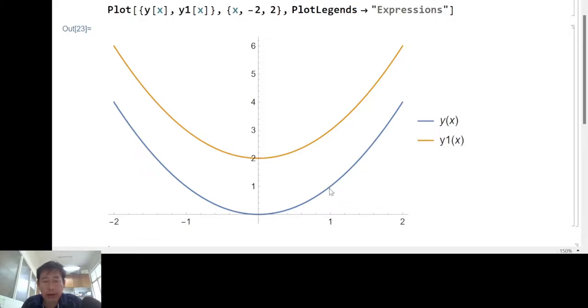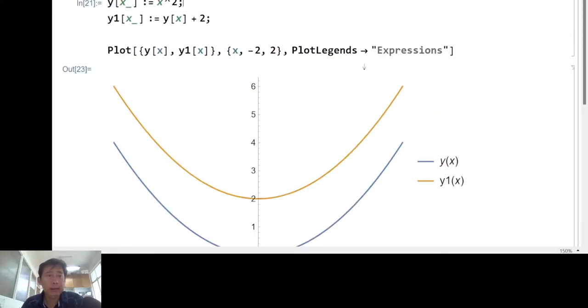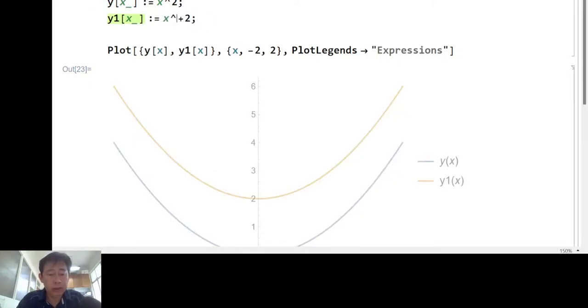This point at y equals 1 becomes y equals 3, because every point on the function is translated into the function y1, where the value of y1 is always 2 units above the function. So this y1 is then just equal to x squared plus 2.